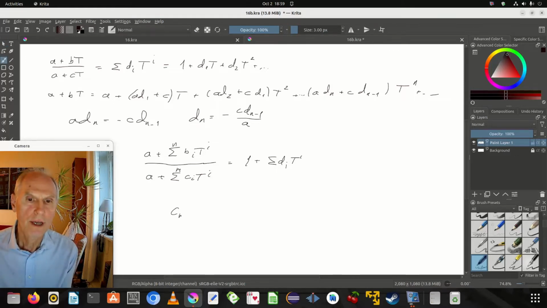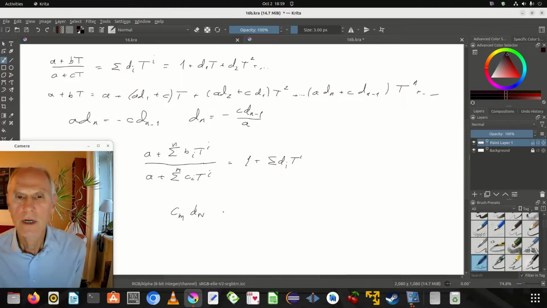That is cm d, then this we call capital N. Maybe that's not a good idea. Well, let's do that. So that should give together t to the nth. That was wrong. When we multiply by a, we should get t to the nth.